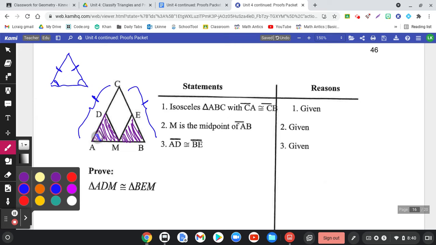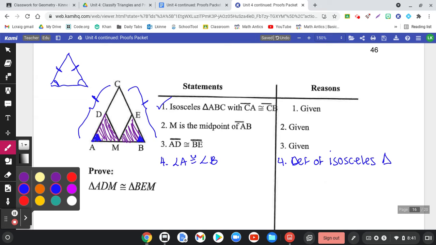So angle A is congruent to angle B. That's going to be my first statement. And the reason, definition of isosceles triangle.